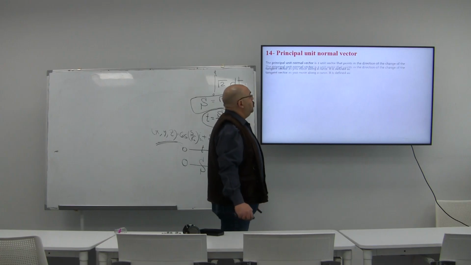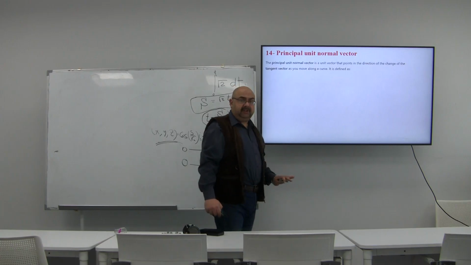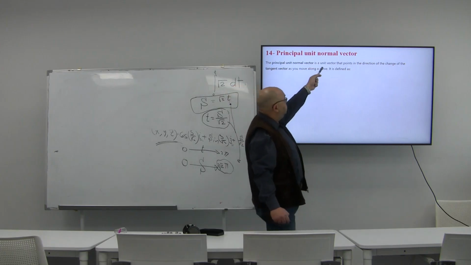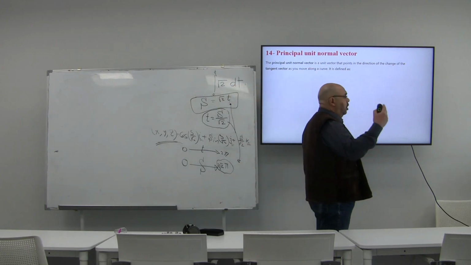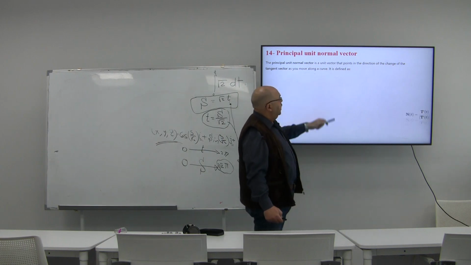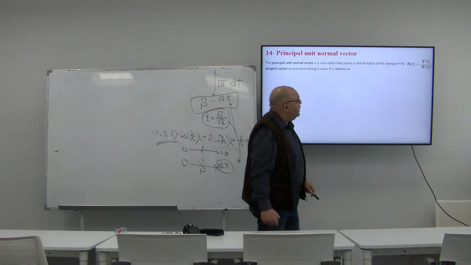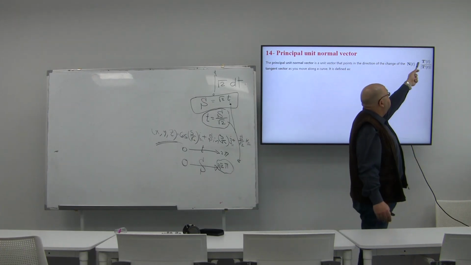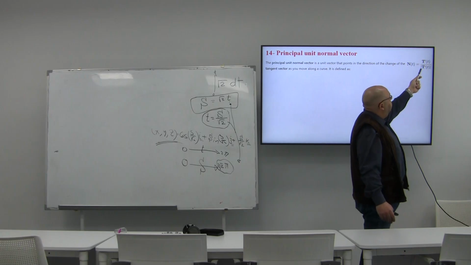For the principal unit normal vector, which is a perpendicular vector on the tangent, the principal unit normal is a unit vector that points in the direction of the change of the tangent vector as you move along the curve. It is defined as t dash, so once you have the tangent vector, differentiate it, and then divide by the magnitude of t dash.